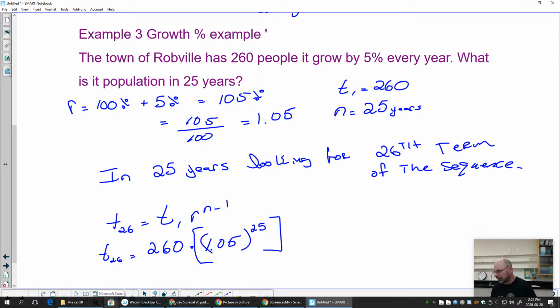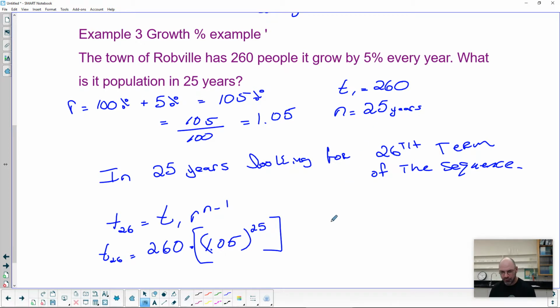So take out your calculator, go 1.05, raise it to the exponent of 25, hit the equal button, and then multiply by 260. Okay, and we're going to round to the nearest person. I get 880.45, so let's say 880 people.